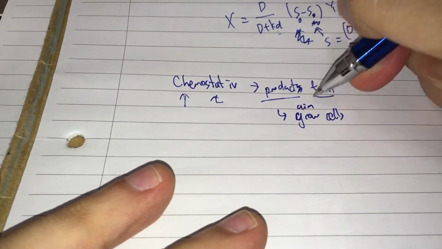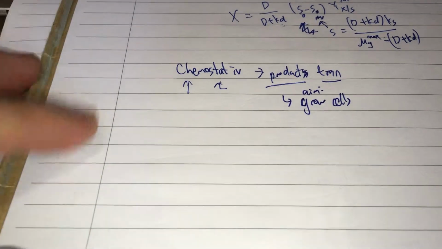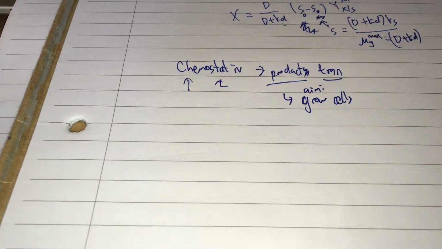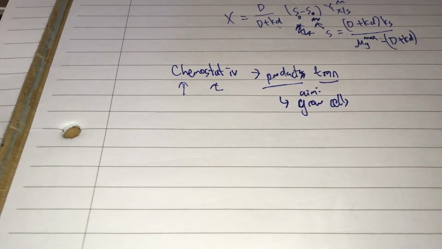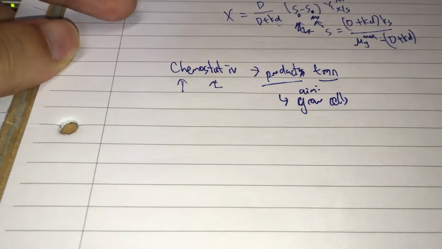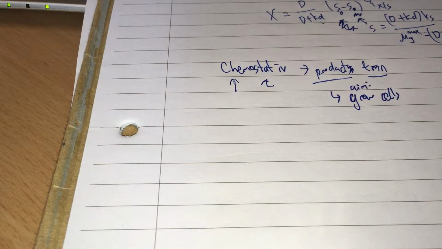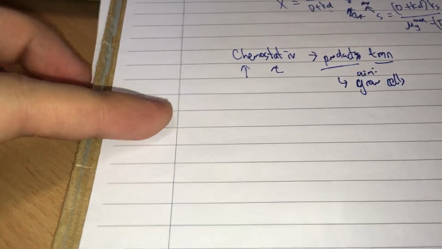My aim is still to grow cells. Now, how does product formation actually affect the balance? Well, for one thing, not all of the substrate is used to produce cells. It can be used to produce other chemicals which may be unwanted. So let's take that into account.